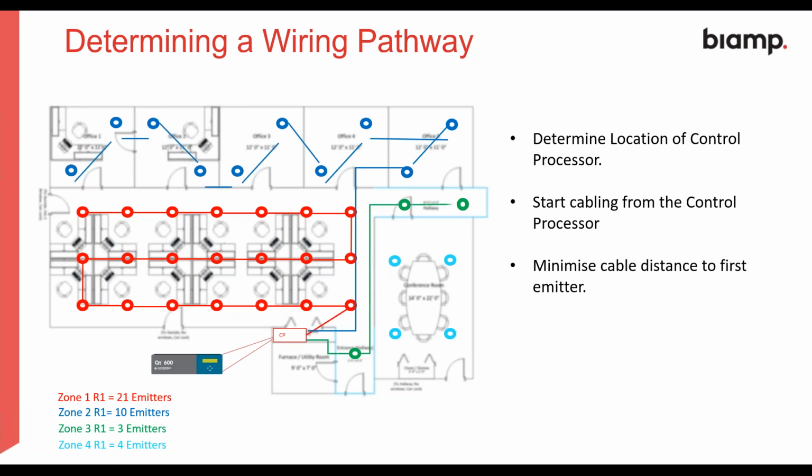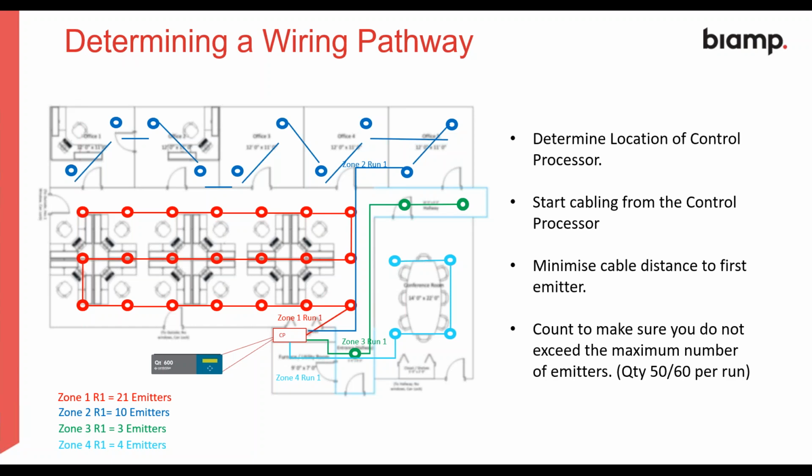This is the same example we've been showing throughout. Zone 2, which is the private offices, again, you follow the same procedure as shown here. And similar with the corridors and the conference room. We need to make sure that we've not exceeded the maximum number of emitters, that being for the standard emitter 60 per run, and for the active emitter it is 25 times 2 from the injector.